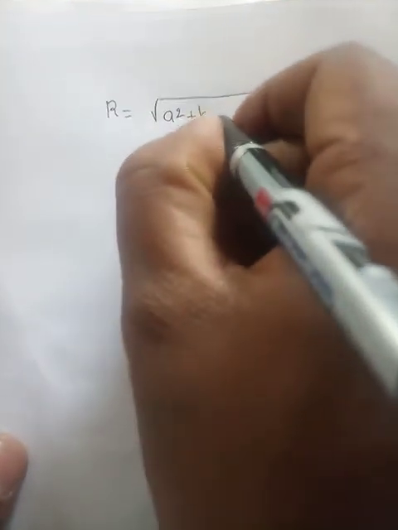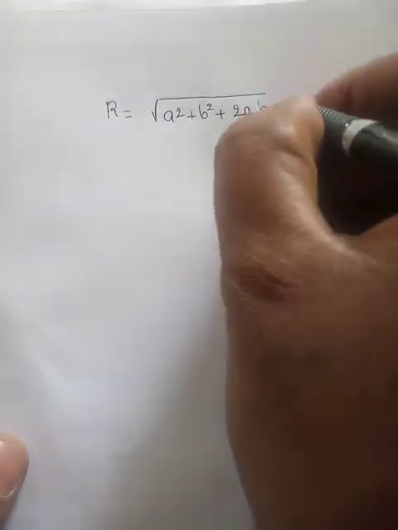We have calculated what? Magnitude and direction. To calculate the magnitude of the resultant of two vectors, what is the formula we have? R equals square root of a square plus b square plus 2ab cos theta.